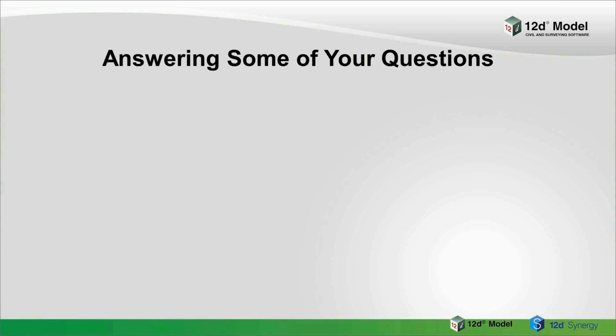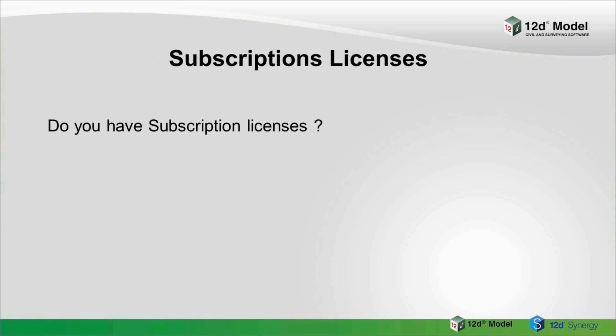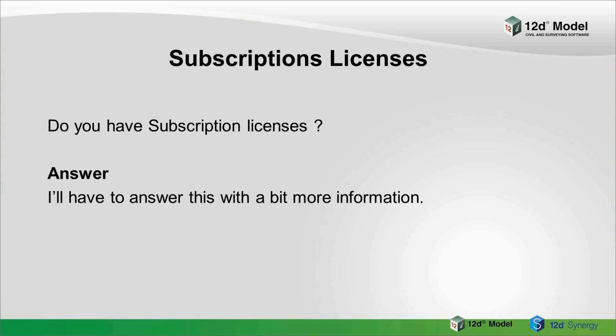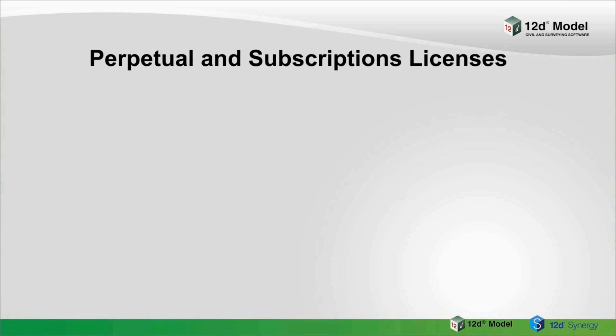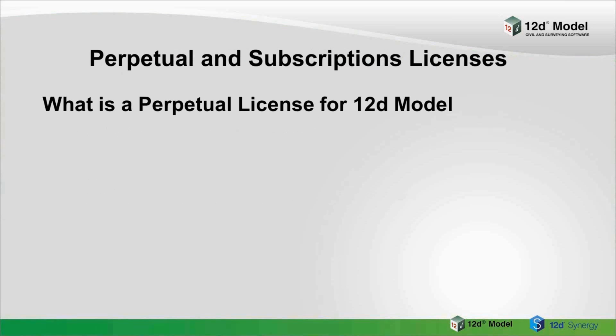Right, I'm just going to answer some of the questions we've been getting first off, so everyone can hear what they were. There's a couple about subscription licenses and other things. I'm not certain why it's such a hot topic at the moment, but first I need to know a little bit more, as some were asking about Perpetual, some subscription. So what is a Perpetual license for 12D Model?